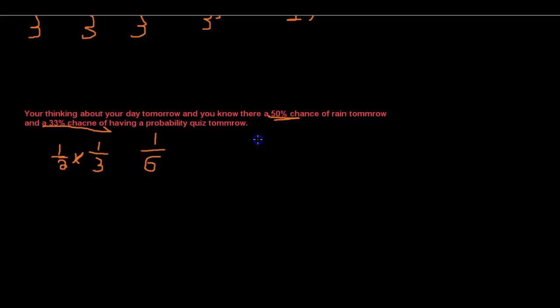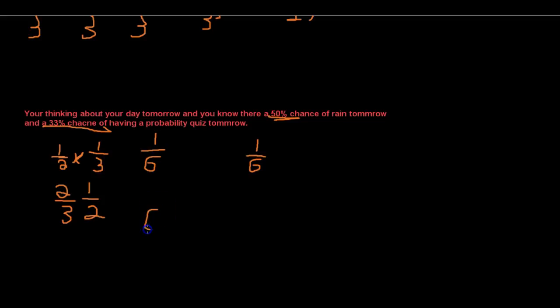So we have 1/6. There's a 1/6 probability of both it raining tomorrow and you having a pop quiz. And then also, if we were to figure out the other way, what's the chance of not having a pop quiz tomorrow? So we'd have 2/3 times 1/2. Okay, and that can be the chance that it will rain and not rain, because it's 50%.